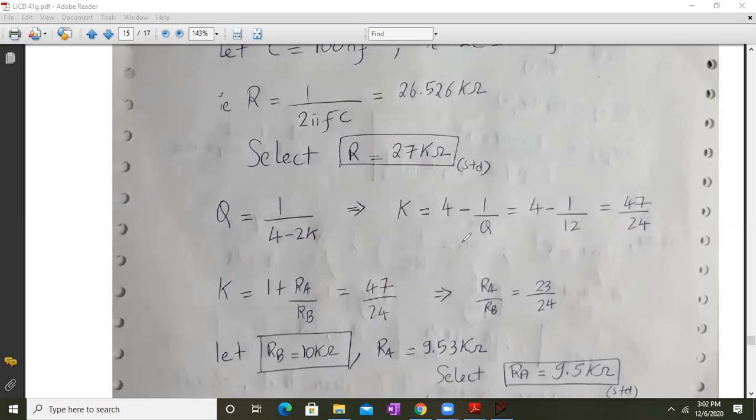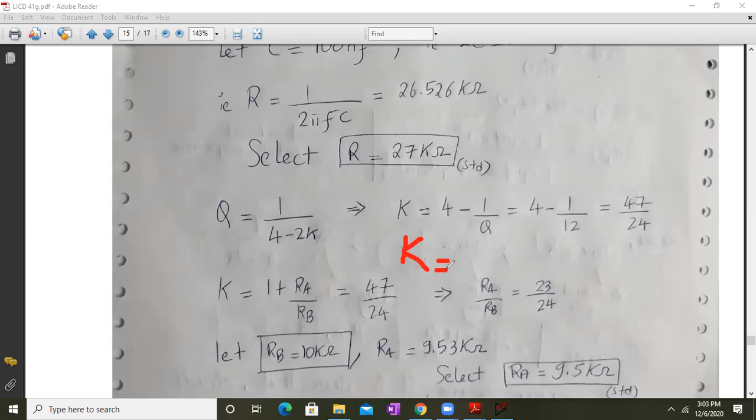So the value of K is coming out to be, let me write it over here, 4 minus 1 divided by 12, divided by 2.